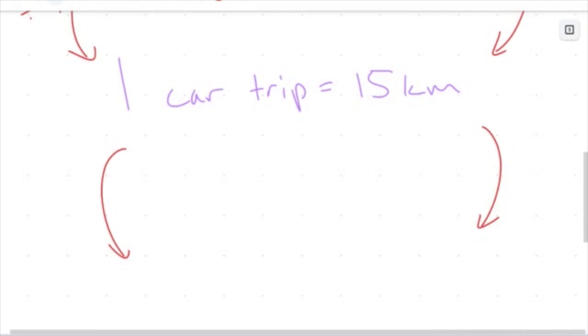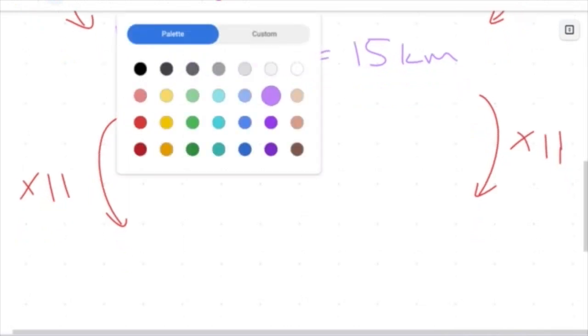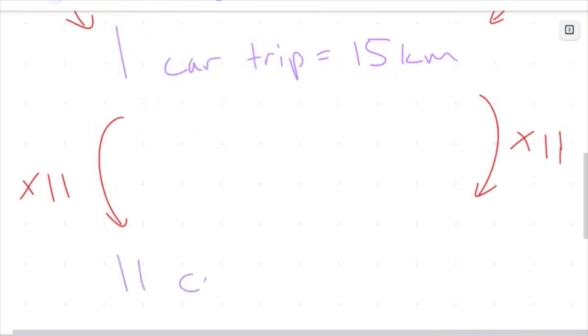So I can get from 1 to 11 by multiplying 1 by 11, and I'm going to do this to both sides. So this tells me that 11 car trips is going to equal 15 times 11, which is 165 kilometers.